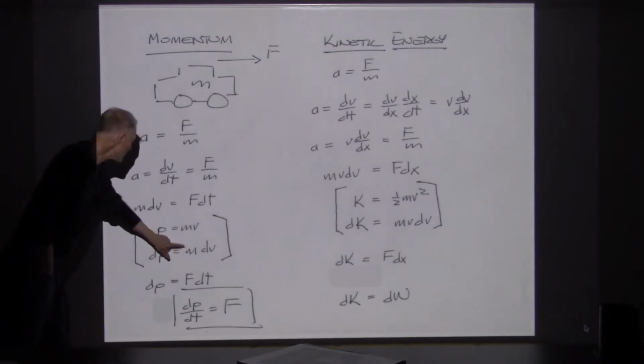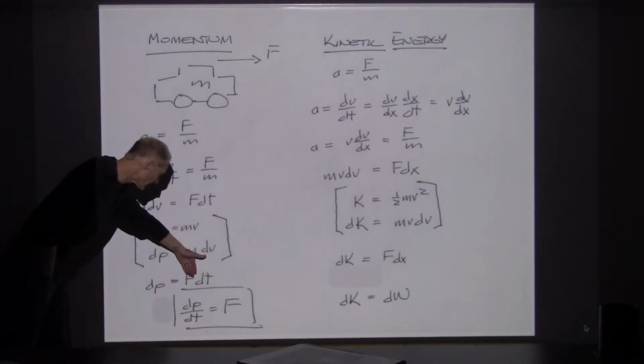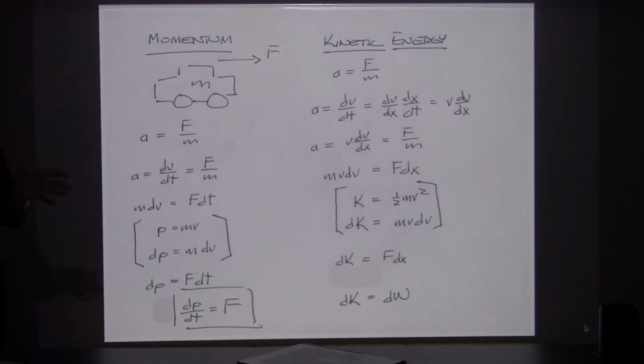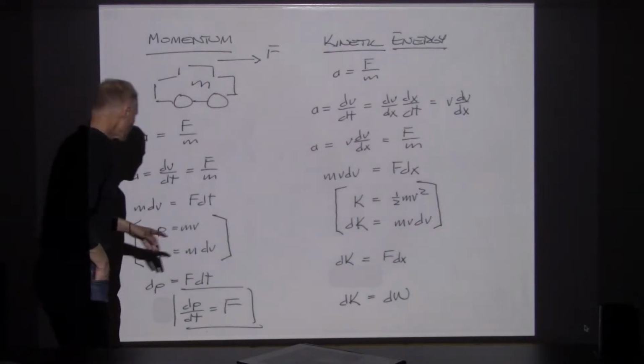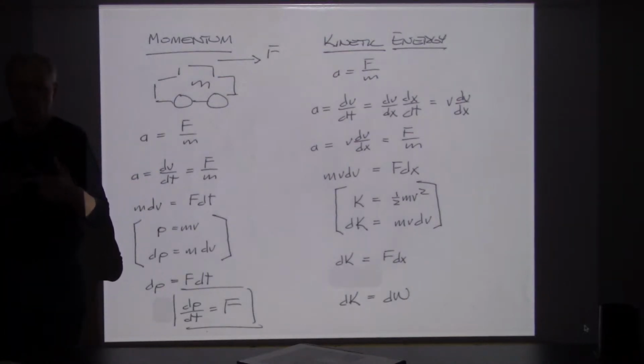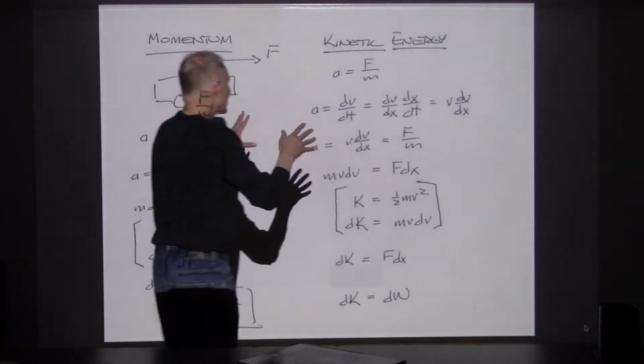Now the m dv that we came up with here is equal to f dt, so I can substitute that in, and look, the force tells us about how the momentum of an object is varying. So if I've got a force, I can directly relate that to the rate at which momentum is being transferred. Force is the momentum transfer rate. Now, how does kinetic energy figure in?